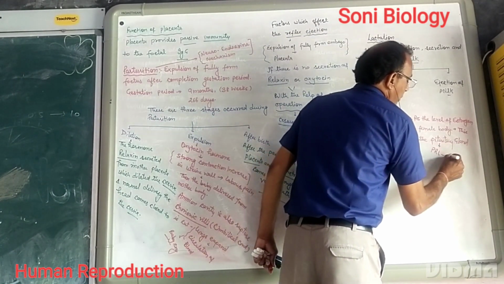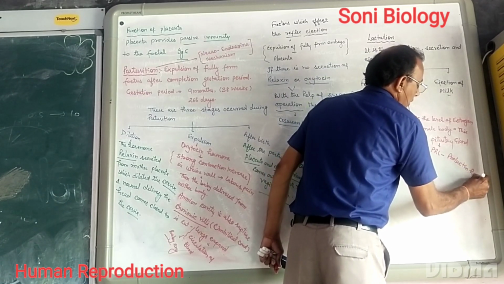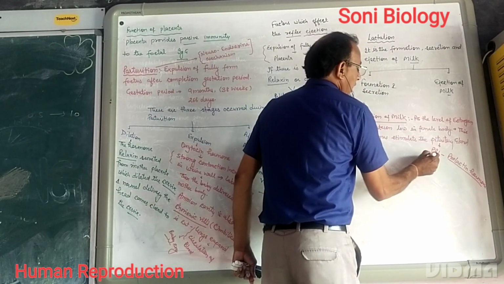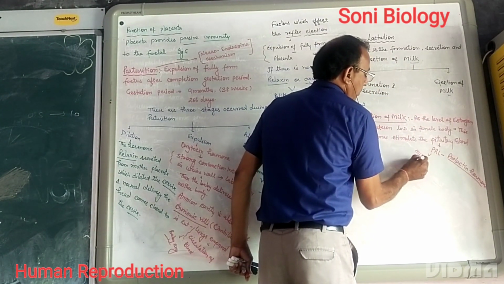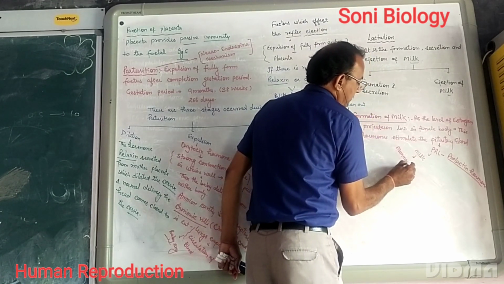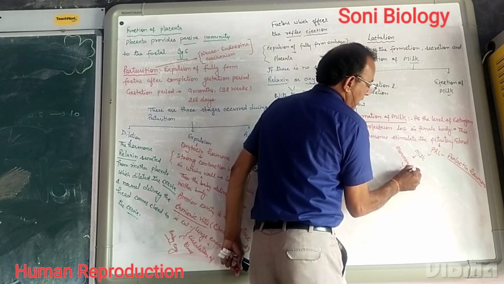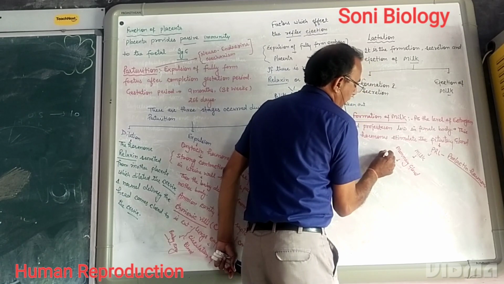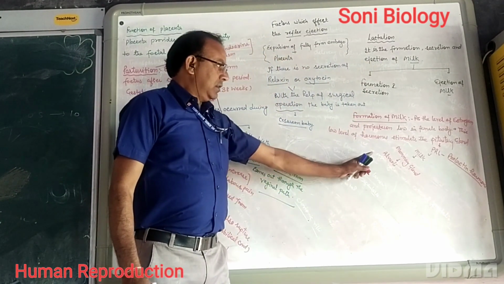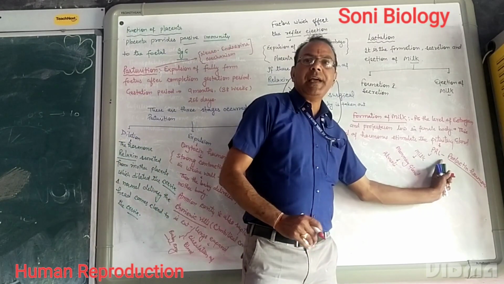PRL stands for prolactin hormone. And due to the influence of this hormone, milk is produced in the mammary gland alveoli. The production of milk takes place with the help of the influence of PRL hormone.